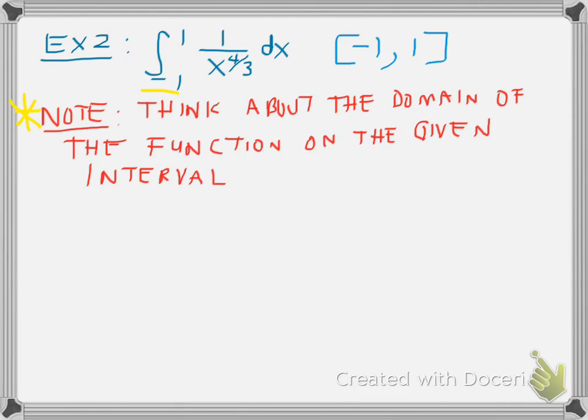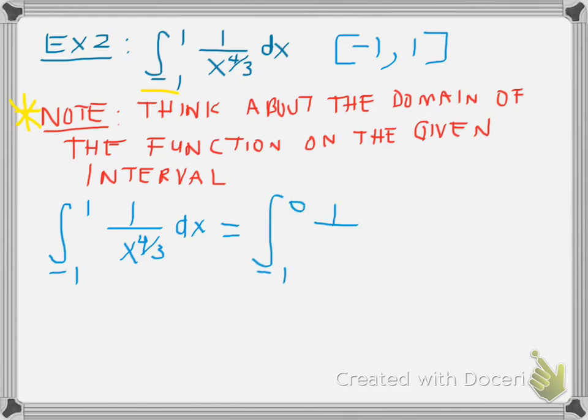And in fact, you guys probably see it, 0 is discontinuous. So that means the integral from -1 to 1 of 1 over x to the 4/3 dx equals the integral from -1 to 0 of 1 over x to the 4/3 dx plus the integral from 0 to 1 of 1 over x to the 4/3 dx.